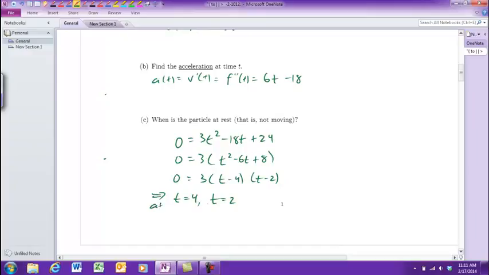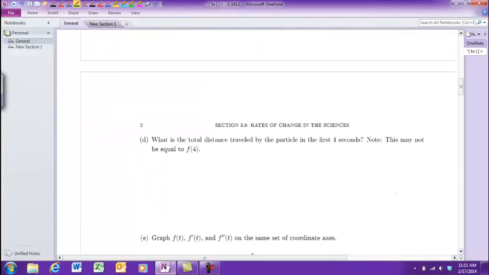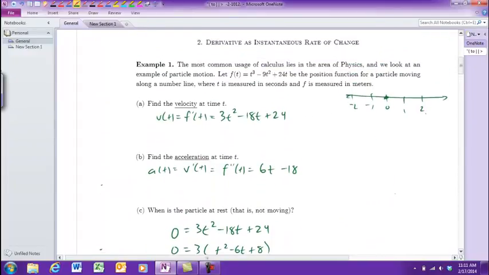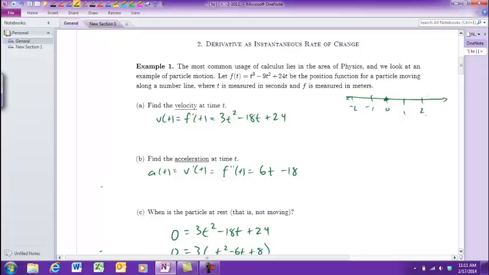So I'll say at t equals 4 and t equals 2, the particle is at rest. So in other words, what's going on here is the particle's moving somewhere. After 2 seconds, it's got to a particular spot and it stops. And I don't know if it's moving forward or backward, but it stops and then it goes somewhere else. And then at 4 seconds, it stops again.